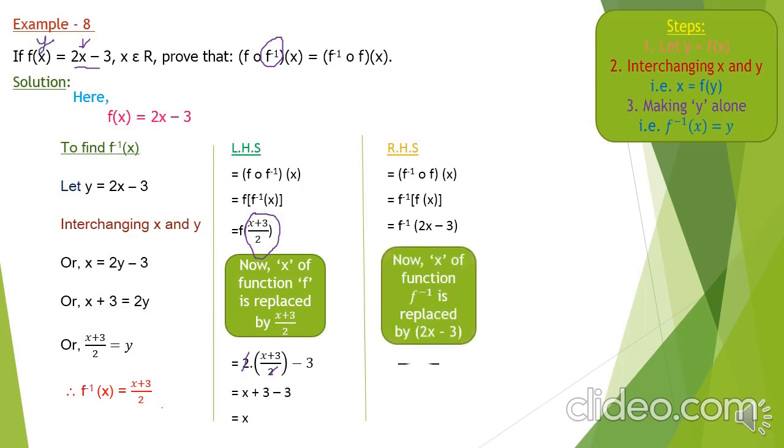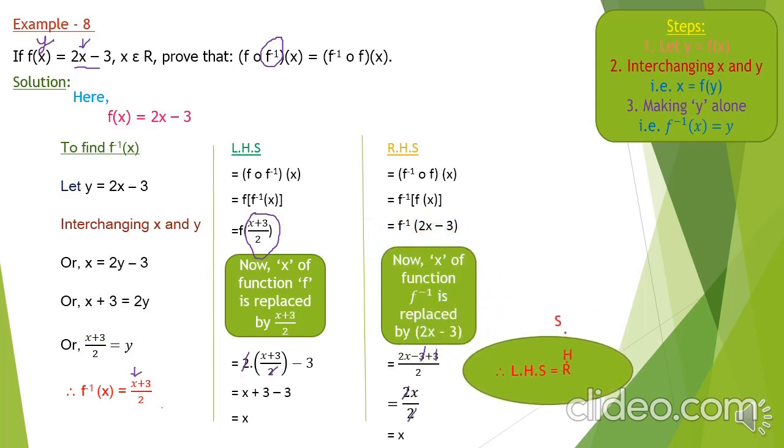Now you can see that x of the function f is replaced by 2x minus 3. We replace it right here. This x will be replaced by 2x minus 3. It is replaced already. So 3 and 3 got cancelled. 2 by 2 is also cancelled.